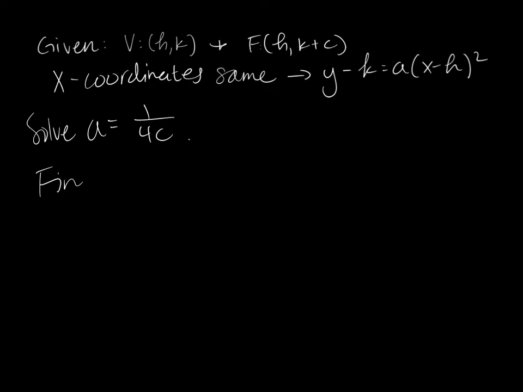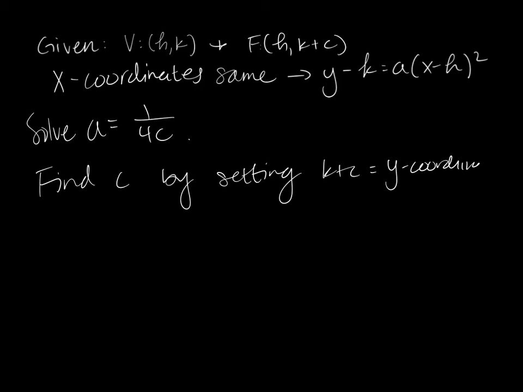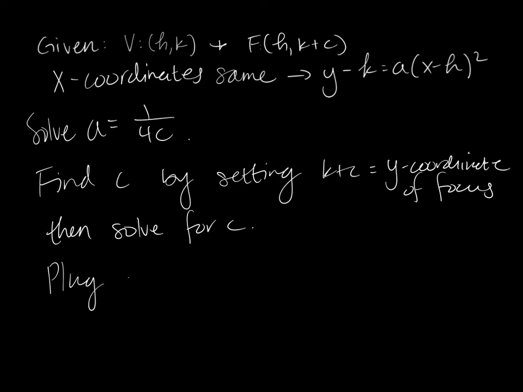We find c by setting k plus c equal to the y-coordinate of the focus, and then solving for c. And so once we have our c, we plug that into 1 over 4c, and we get a.